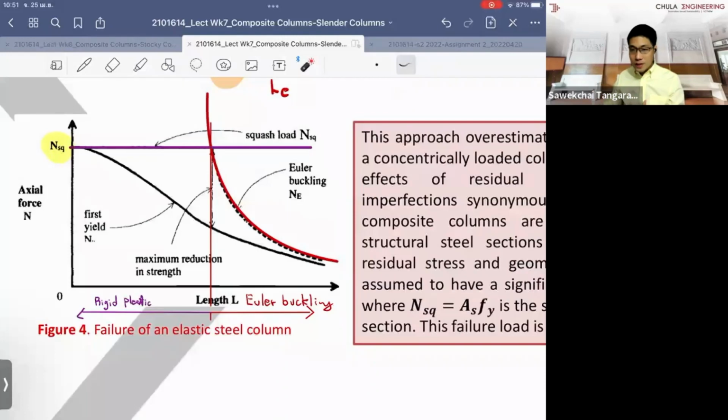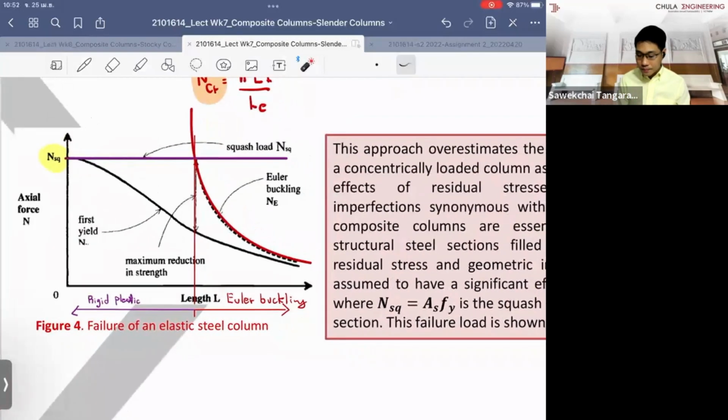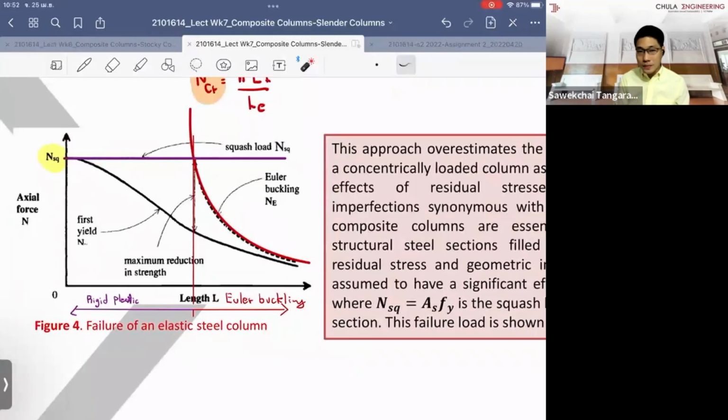When it reaches the elastic limit, we drop further. This comes from the member buckling according to the geometry effect or the secondary effect. It doesn't come from the material property.